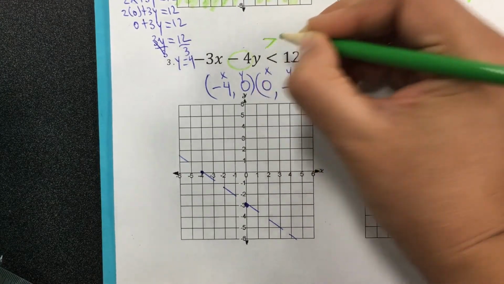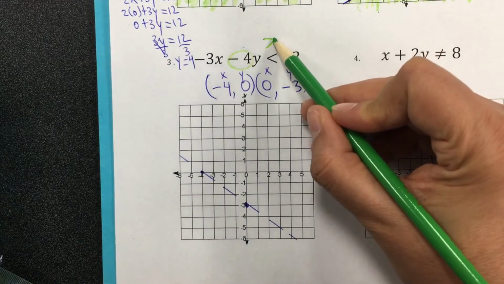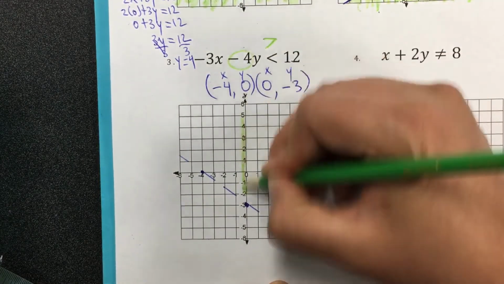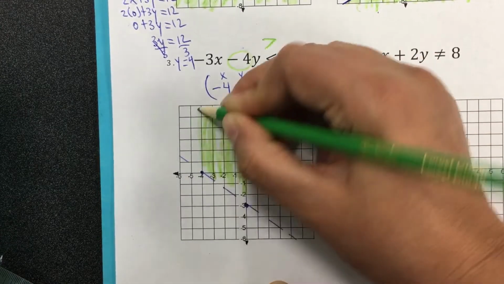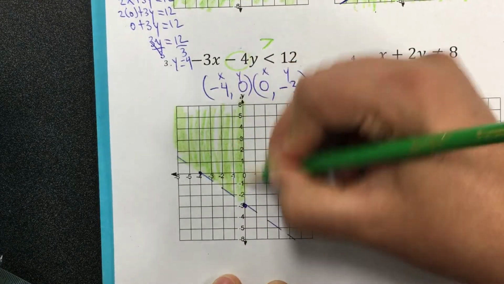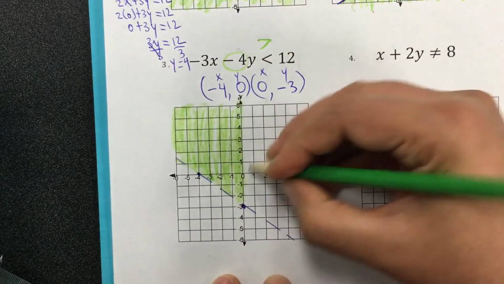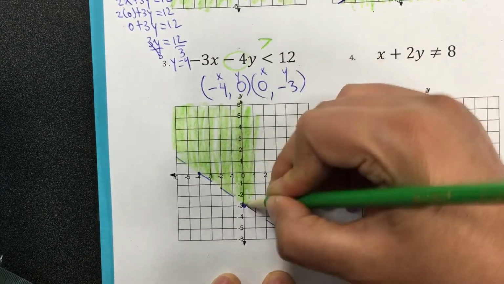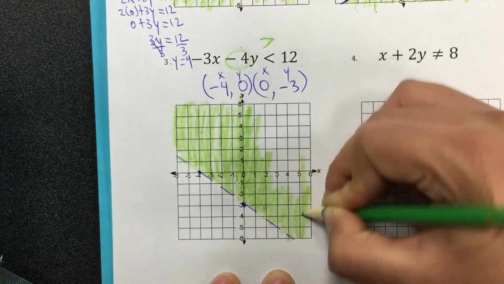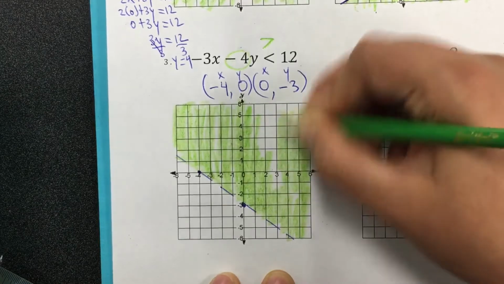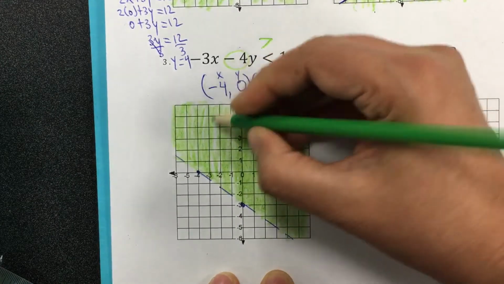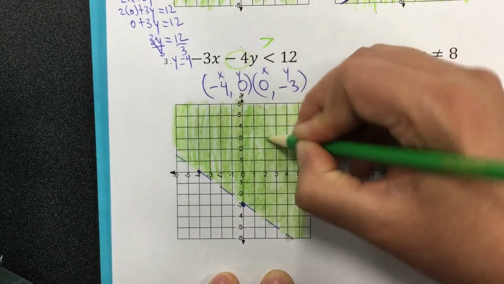It's greater instead of less. Greater, always when it's greater than, it goes above. Again, when it's a broken line, it means that the points on the line are not part of the solution, okay? That's what that means. It excludes those points.